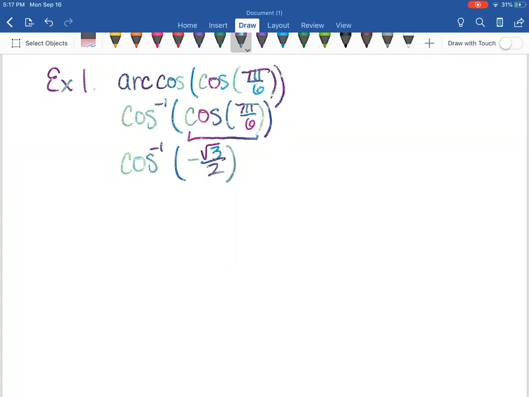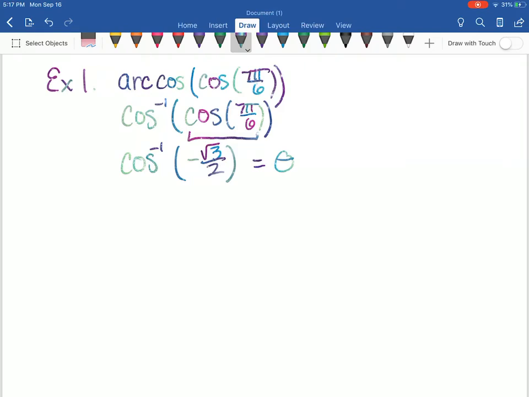And so when we switch the inputs and the outputs, what we're doing is we're plugging in that ratio or that x-coordinate of the terminal point on the unit circle, and what we need to get out is an angle. So our output's going to be an angle.